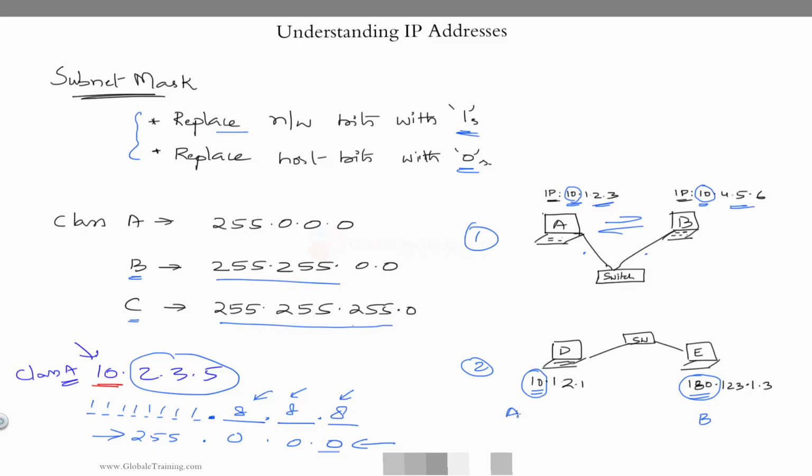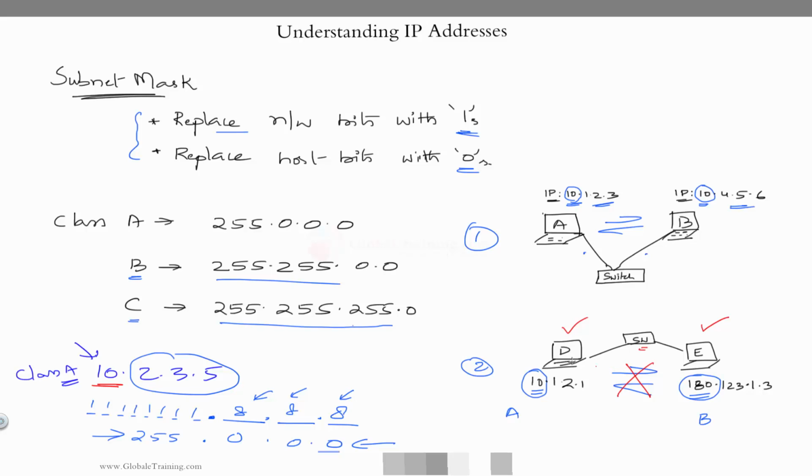When you have these systems connected to a switch like this, they will not be able to communicate. The systems should have IP addresses that belong to the same network to be able to communicate with each other when they're connected to the switch.